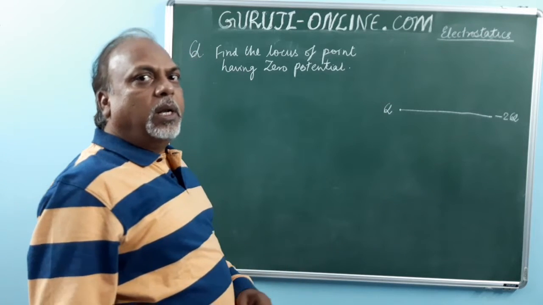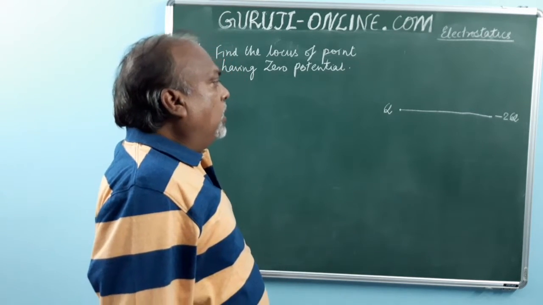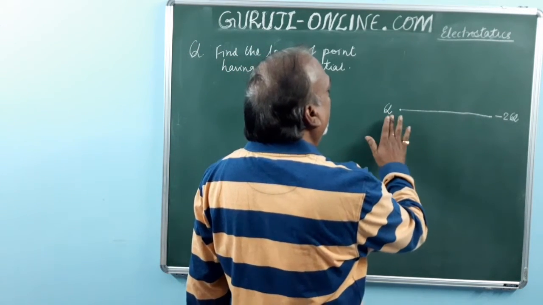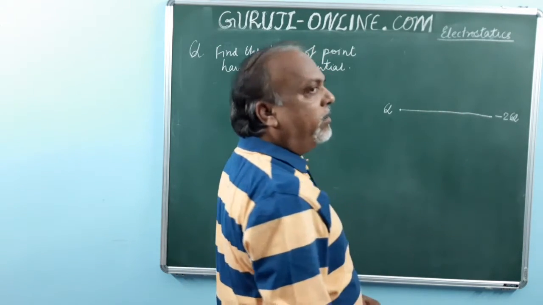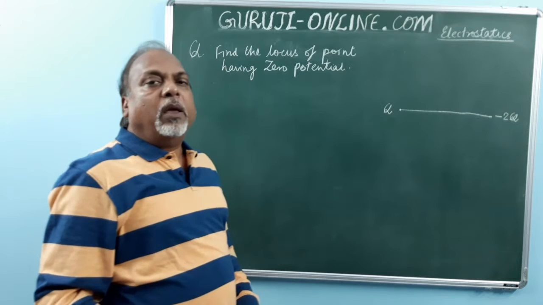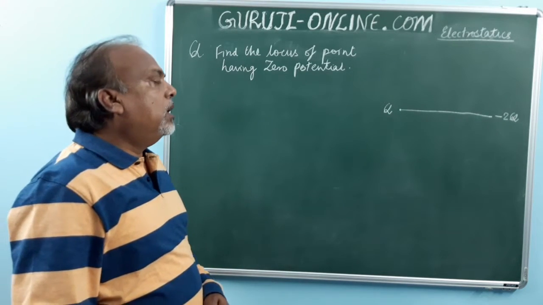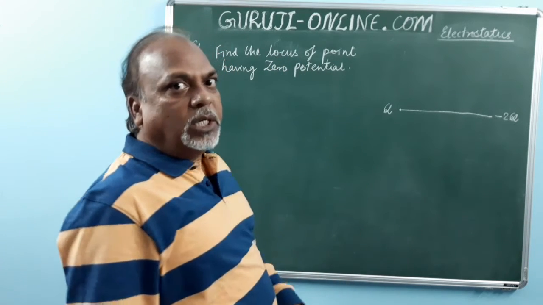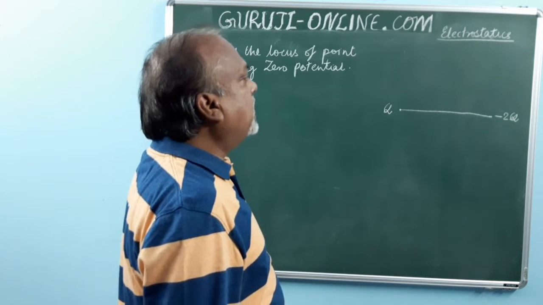Of course, it is electric potential it is talking about. So, naturally, it is Q, and since it is minus 2Q, there must be some point where the electric potential will be zero. But we have to find the locus of such points. So, let us see how to solve this.